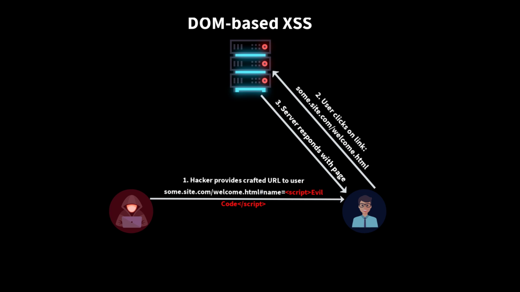In the next step, the server responds with a static HTML page. And please note, this response does not contain the malicious payload. So now the browser has received the response, but as you probably know, browsers do not understand HTML. So instead, the browser starts to build the DOM of the page by simply parsing the HTML into the DOM.